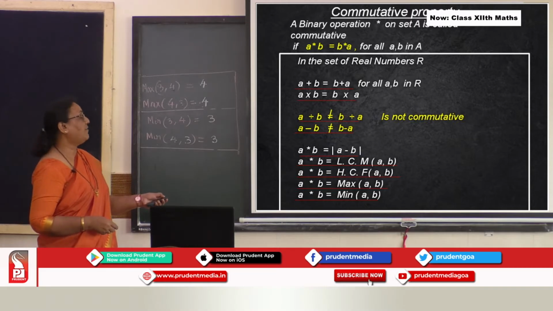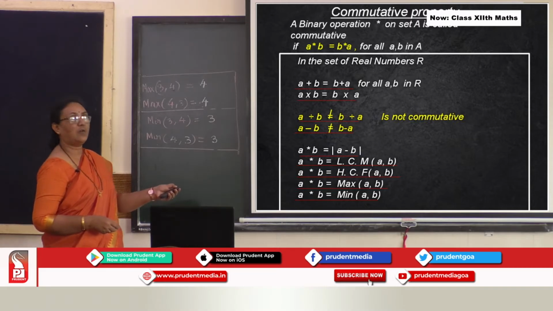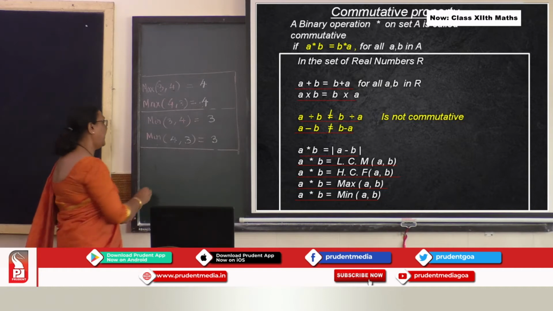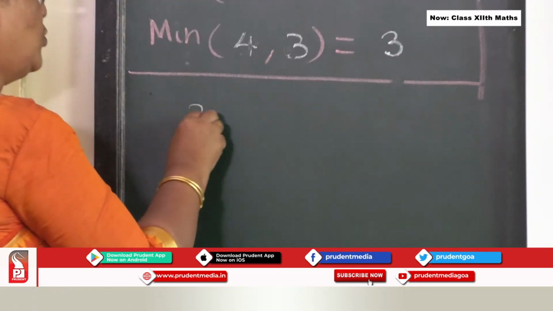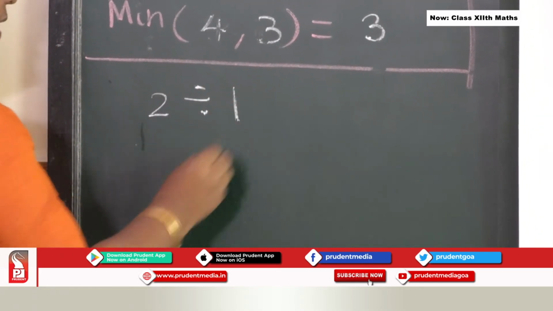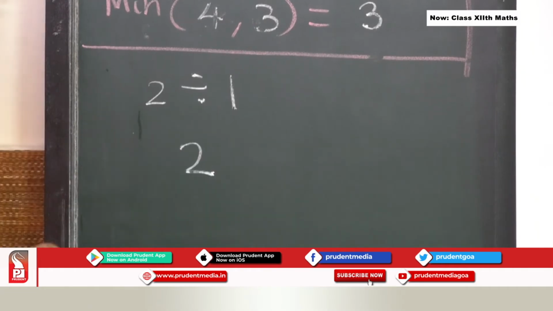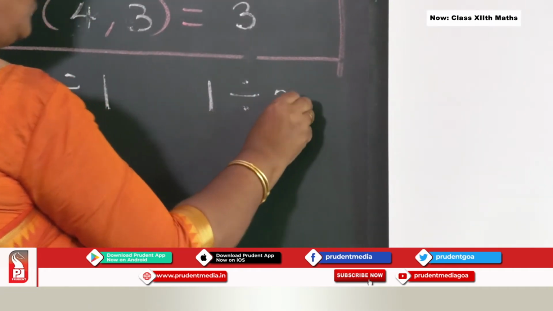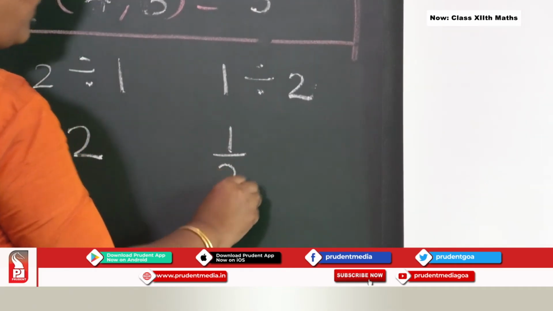Now I will tell you where it is not commutative. Now see, division, A divided by B. If I write 2 divided by 1, that answer I will get as 2. And if I change the order, 1 divided by 2, what will I get? Half.